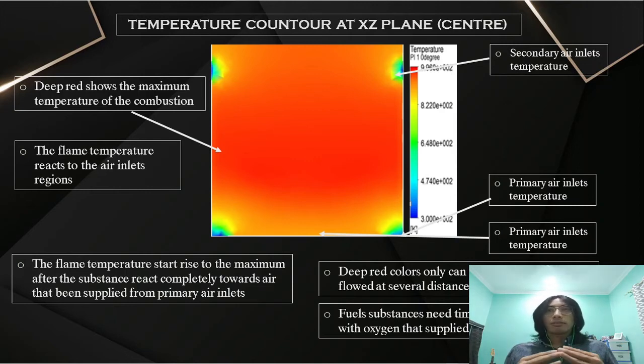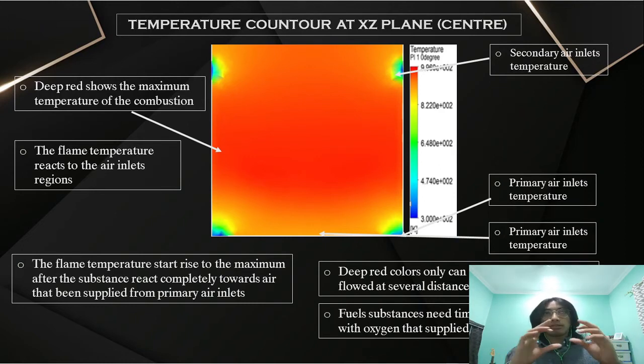So the flame temperature starts to rise to the maximum after the substance reacts completely with the air supplied from the primary air inlets. So the deep red colors can be seen after the flame has flowed some distance from the air inlet areas.